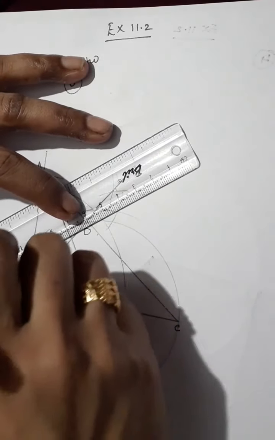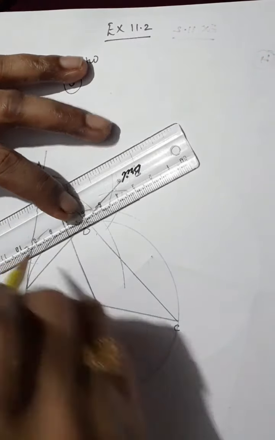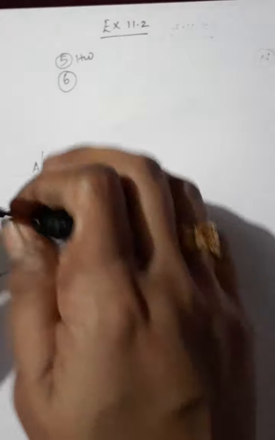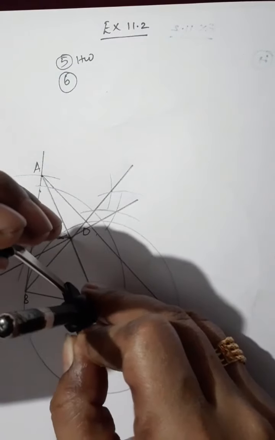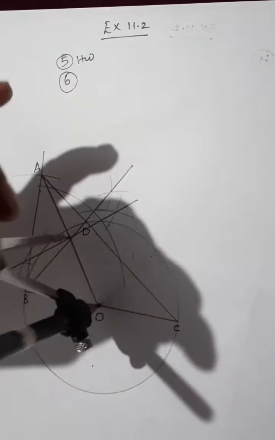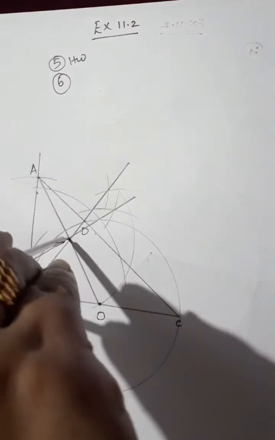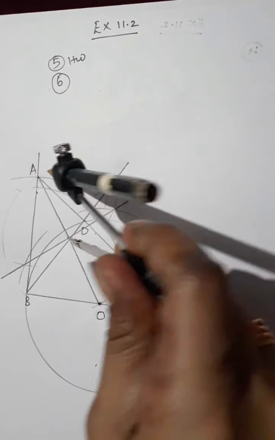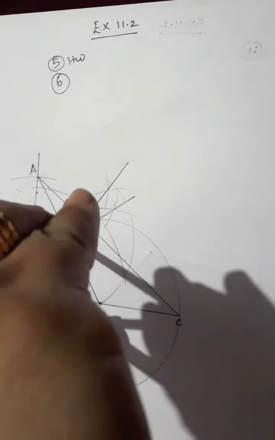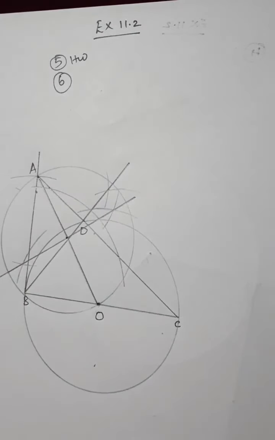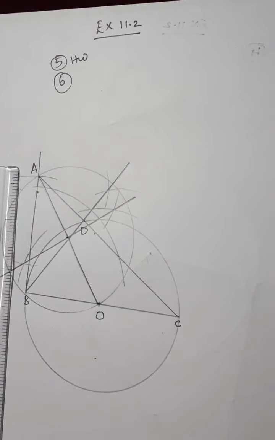Now we have to draw another circle. The second circle, we keep the compass here and draw the circle which intersects the first one. Okay, now one tangent is already ready.